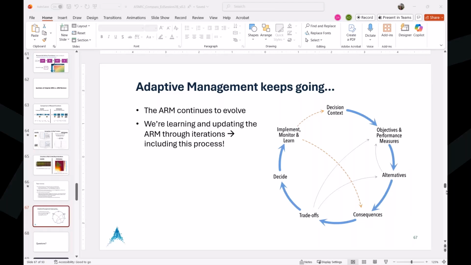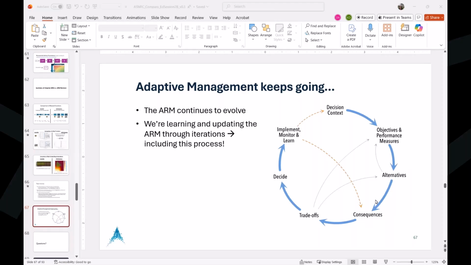So the whole point of having this adaptive management cycle here that can spin around on that orange dotted line down to consequences, that's what should happen this year. And so that's how new data begin to inform the recommendations that come out of the ARM.